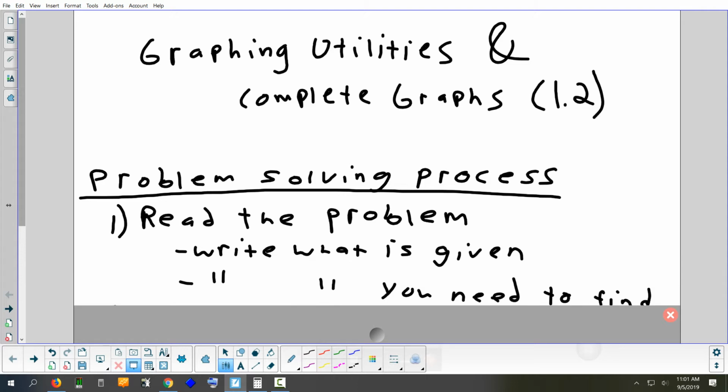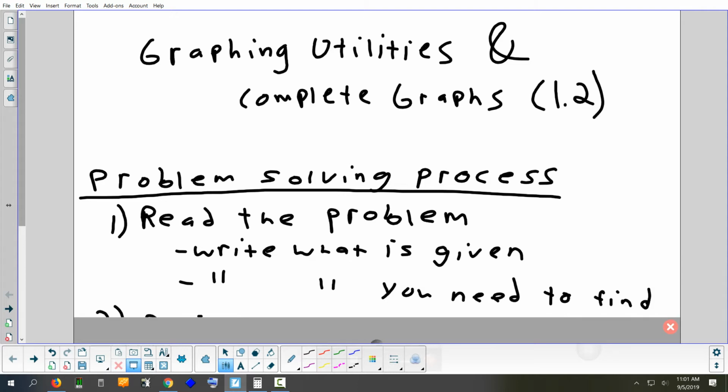If you can't figure out what the problem is asking you to find, you're going to have a hard time figuring out what formula to use, because you're not even sure what they're asking. So read it, figure out what they're giving you to help, and then figure out what they want you to find.